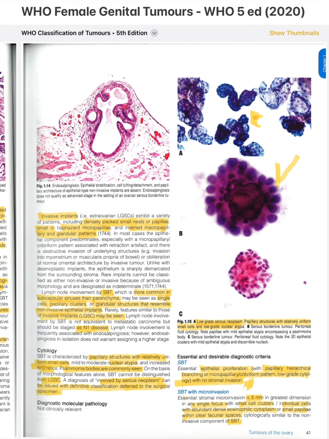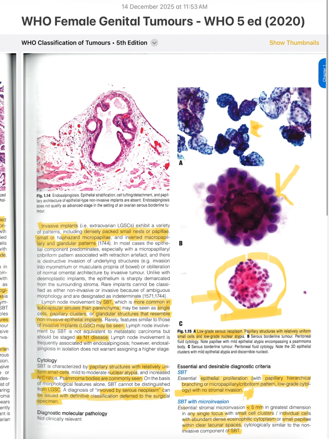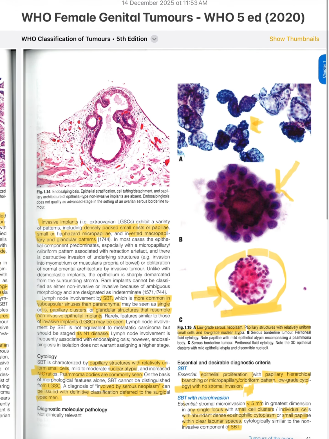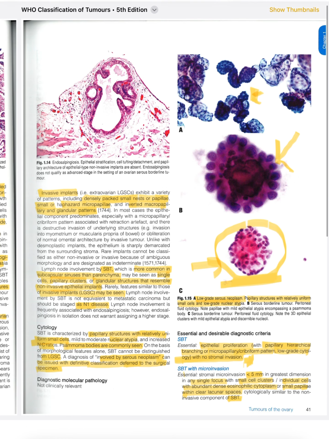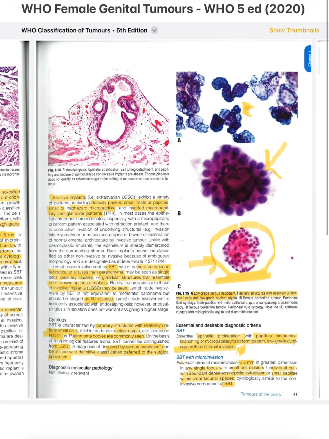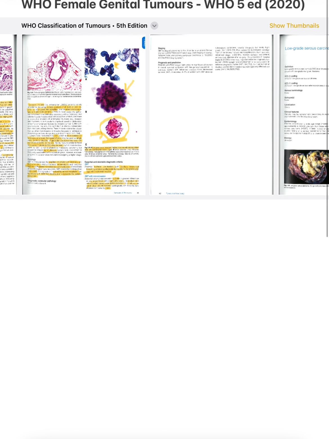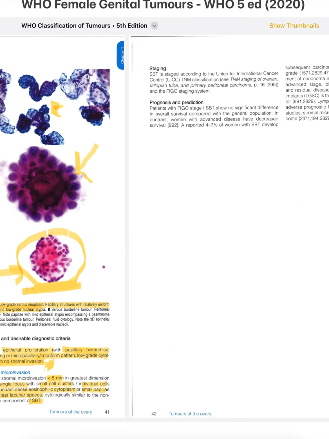We have papillae with mild epithelial atypia, and in C we can also see serous borderline tumor with a 3D cluster. So this was about serous borderline tumors.